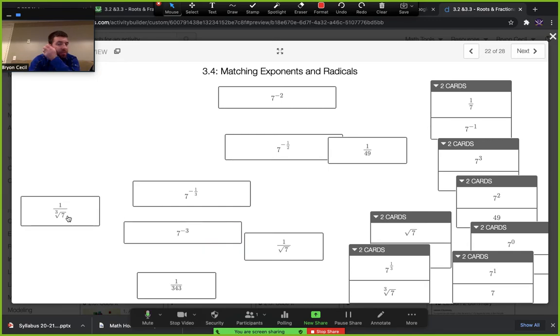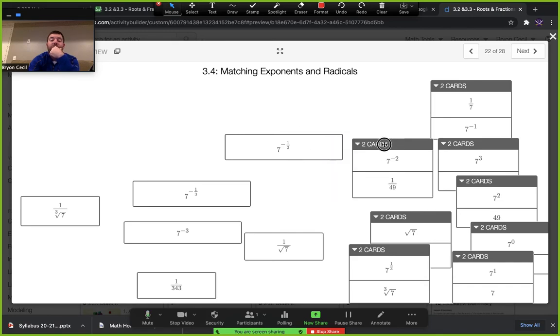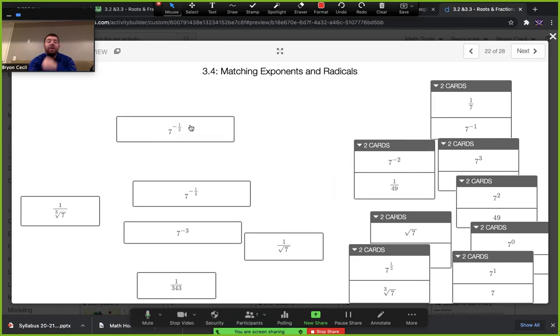Okay, so now we're just here. Remember, how do I get rid of a negative? I put it on the bottom, so now I'm going to have 1 over 7 squared. 7 squared is 49, so 1 over 49. And when I have a negative 1/2, that's going to push that 7 to the 1/2 down.